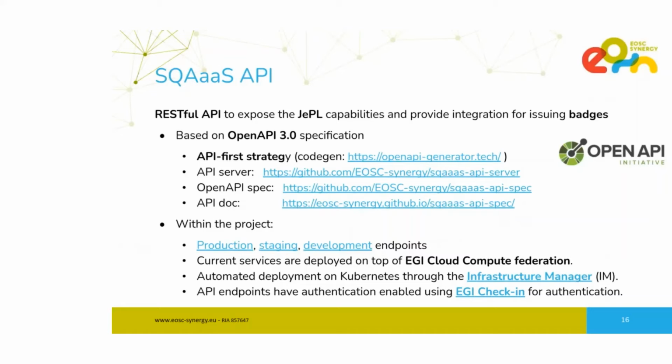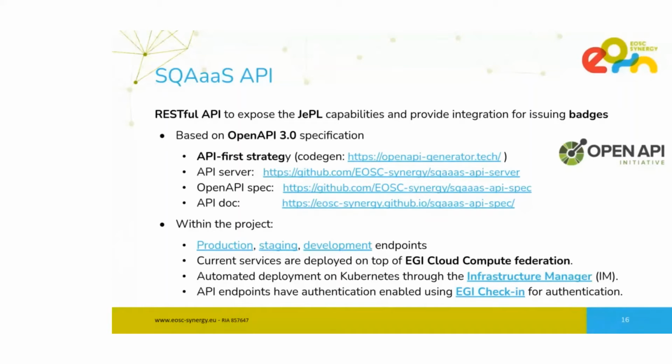There is an API server, and the OpenAPI specification is hosted in a separate directory or repository as a set of YAML files, and one can also access the API documentation. Within the project, there are different endpoints for the development stage and, of course, the production one.